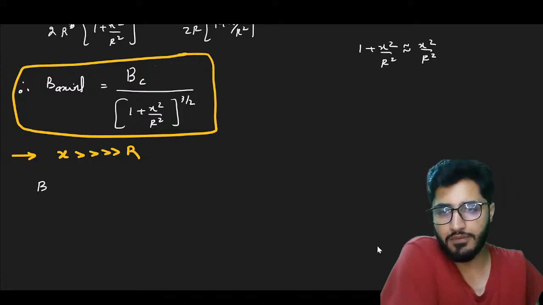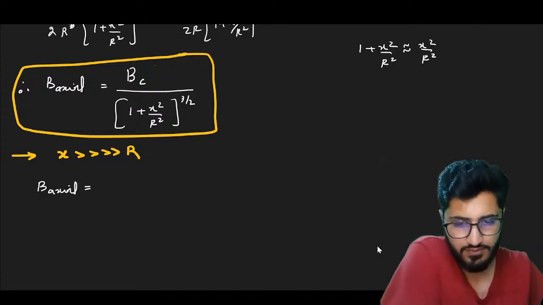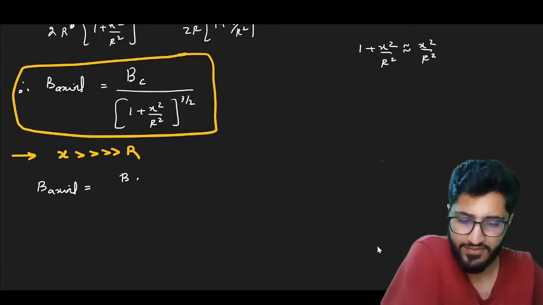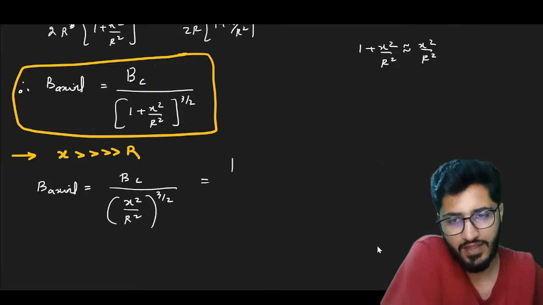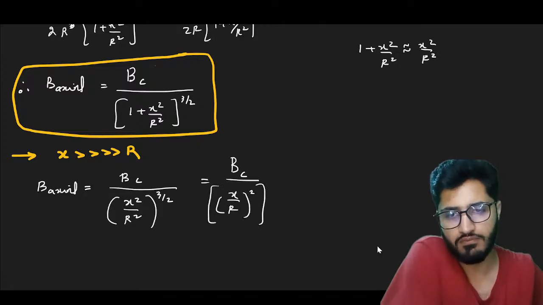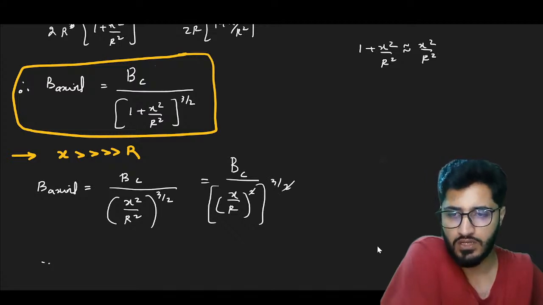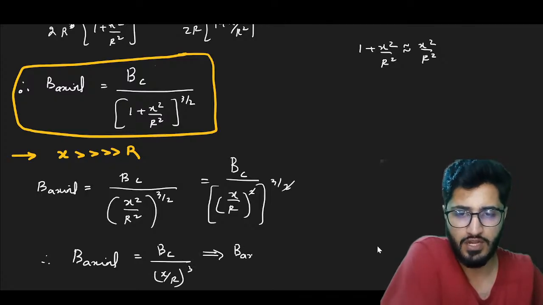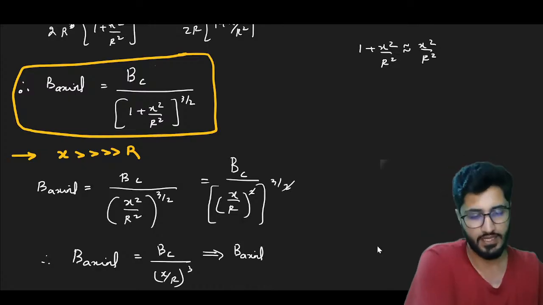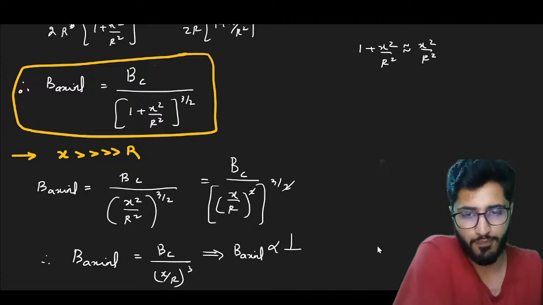So B axial equals B center divided by x square by r square to the power 3 by 2, which is B center divided by x by r cubed. So from this perspective, we conclude that B axial, if x is very large, varies as inverse 1 upon x cube.